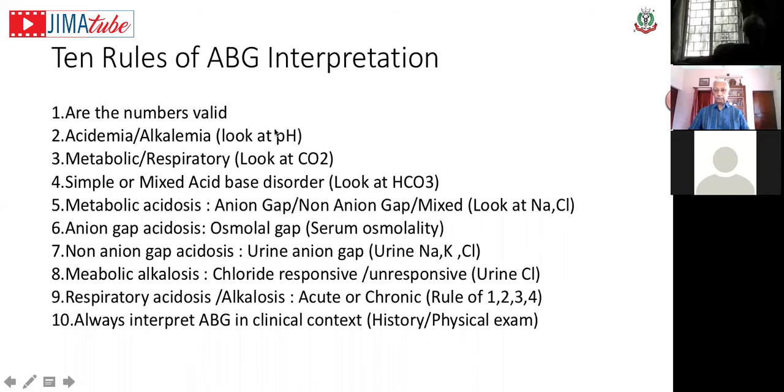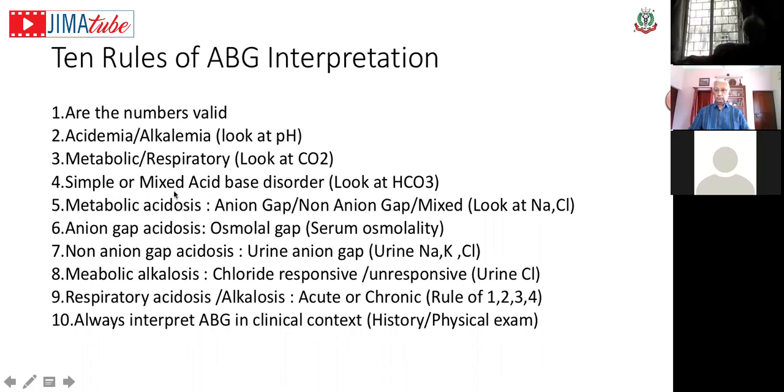Then look at your bicarb. The bicarb will tell you whether it fits with a simple or mixed acid-base disorder. If the bicarb is not fitting with a simple acid-base disorder, then there has to be a mixed disorder.